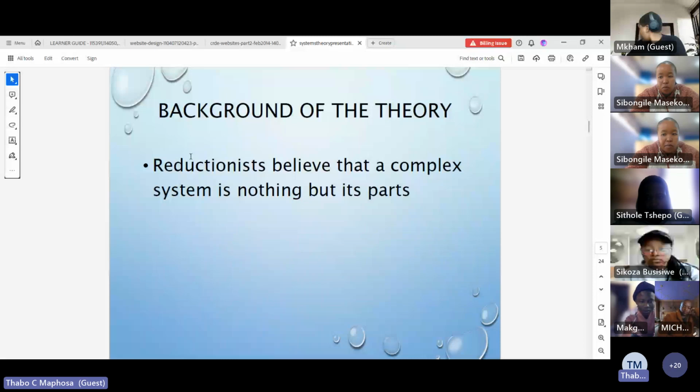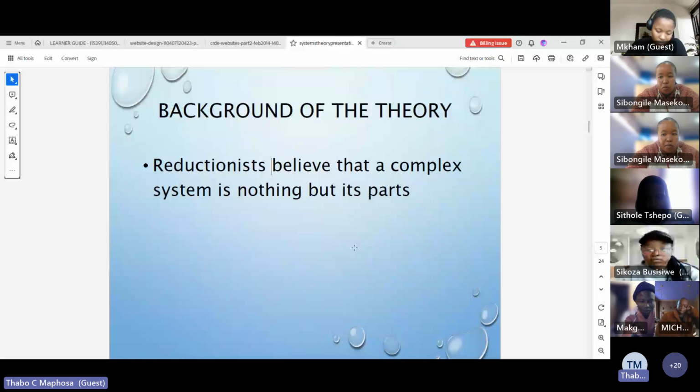The first thing I'm pretty sure most of you will be asking yourselves is, what is this reductionism? Reductionists believe that a complex system is nothing but parts. They simply believe that we have to break down each and every system into its parts, and that the system cannot exist unless you acknowledge the parts that it is made up of.